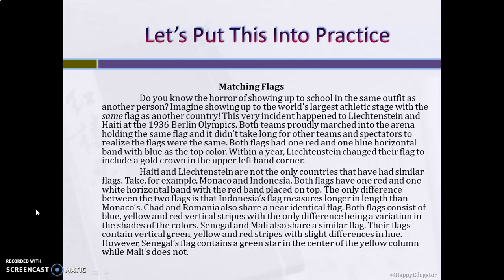Both flags consist of blue, yellow, and red vertical stripes, with the only difference being a variation in the shades of the colors. Senegal and Mali also share a similar flag. Their flags contain vertical green, yellow, and red stripes with slight differences in hue. However, Senegal's flag contains a green star in the center of the yellow column, while Mali's does not.